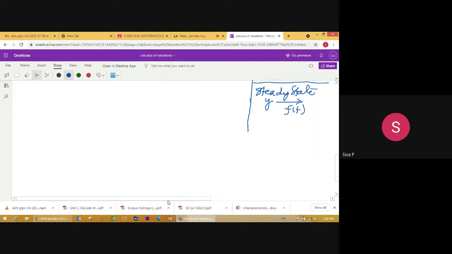That means dy by dt equal to 0. That is called steady state. Transient state or unsteady state means dy by dt is not equal to 0. That is called a transient state.